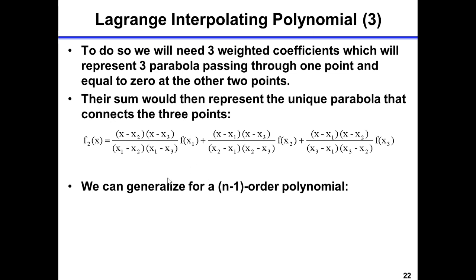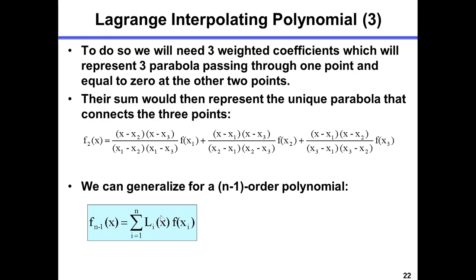So we can generalize that. Instead of order 2, we can write order n minus 1. The polynomial of order n minus 1 is equal to the sigma, where we add all of these, of Li, the Lagrange weighting average, at x, times f of xi. It can be f of x1, f of x2, f of x3.